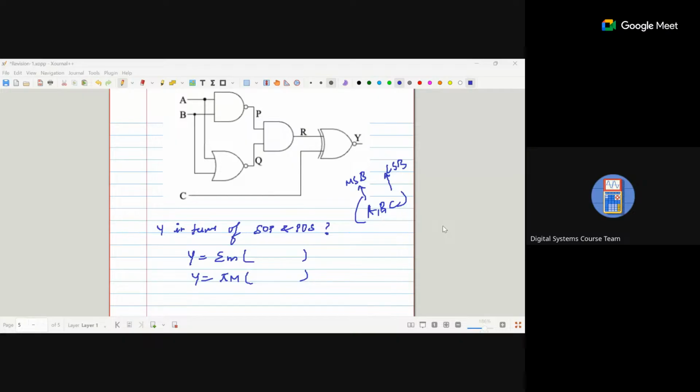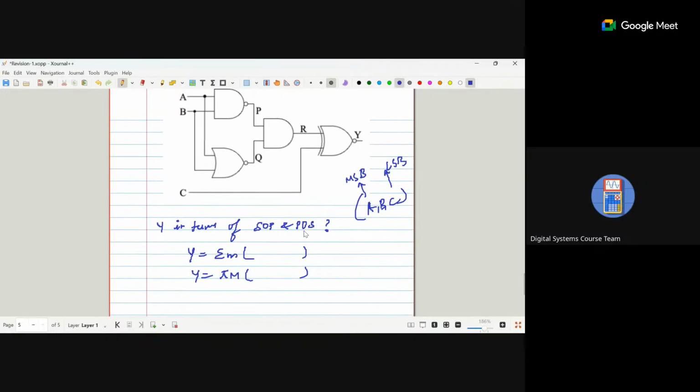Midterm is 2, 4, 6. Next term is the rest. Okay, let's see. So now, what is the value at point P?